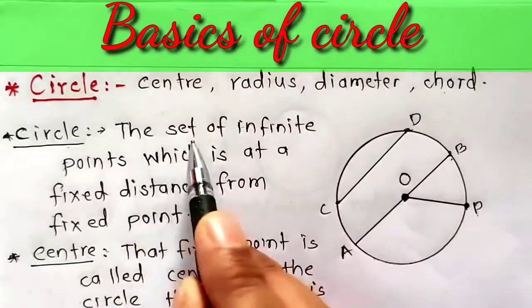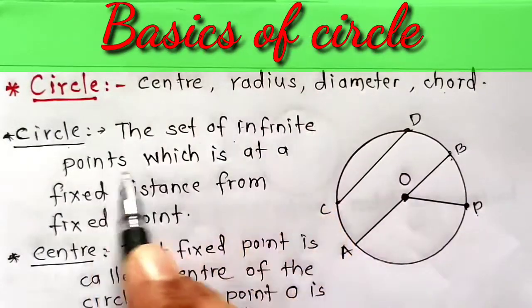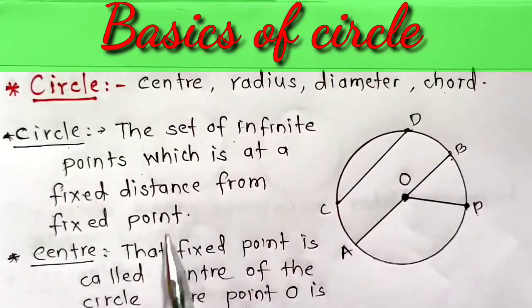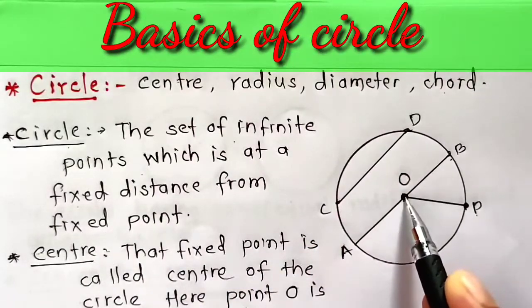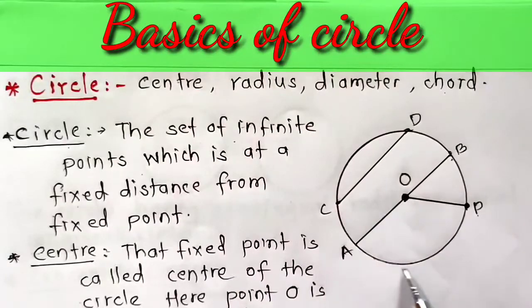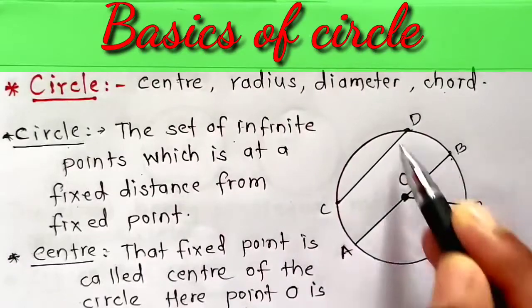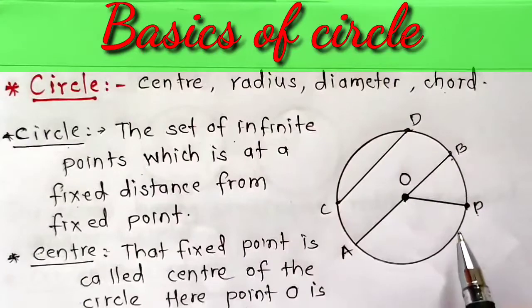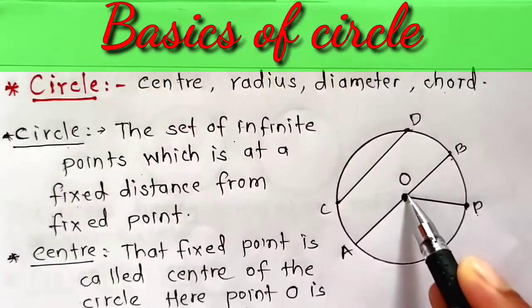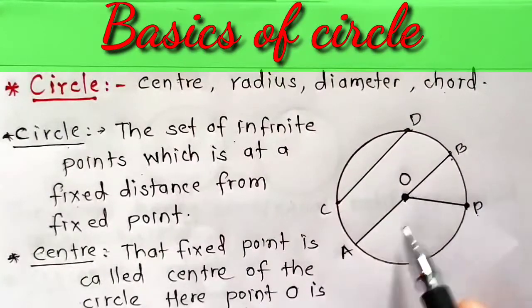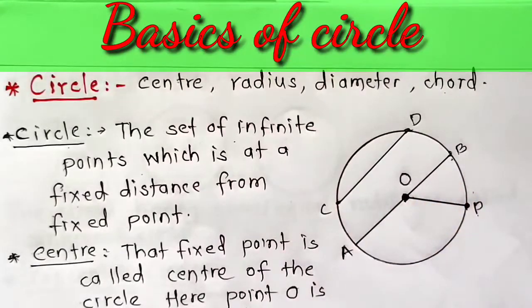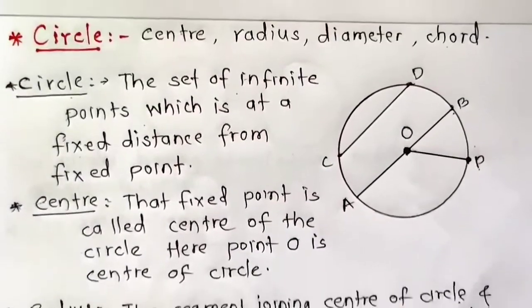The set of infinite points which are at a fixed distance from a fixed point is called the circle. Now what is the center? That fixed point from which all these points are at an equal distance is called the center of the circle.